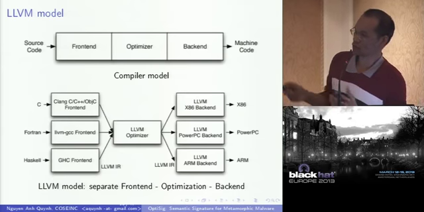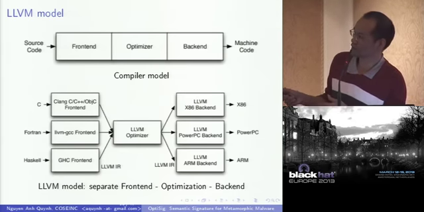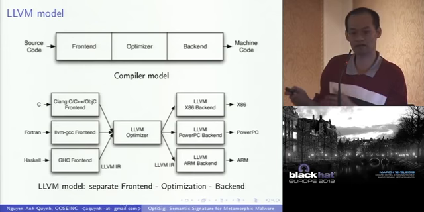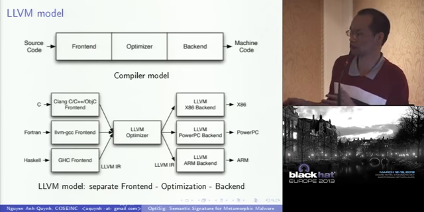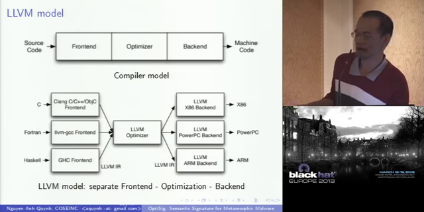And here, LLVM uses the same model, but they break the 3 components apart and create a very clean and very explicit interface between them. So first we have the LLVM front end, which will compile your source code to LLVM IR.